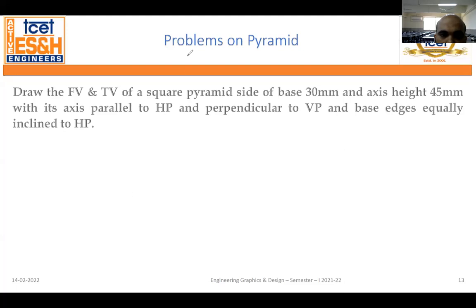Just making it every time and then the disconnection happens, so just make it very fast. See to it that the square you are making should be 45-degree inclined from both the ends. So 45 degree in the sense I'm talking about this end and this end. It should be 45 degree.